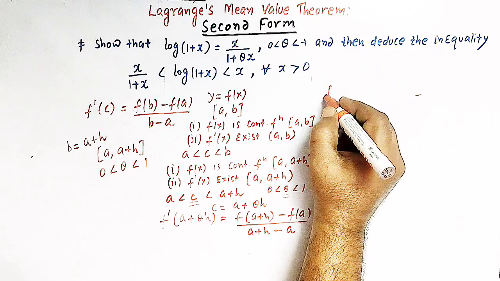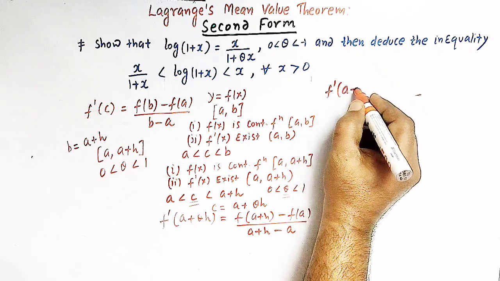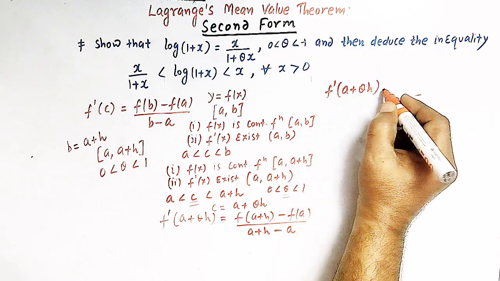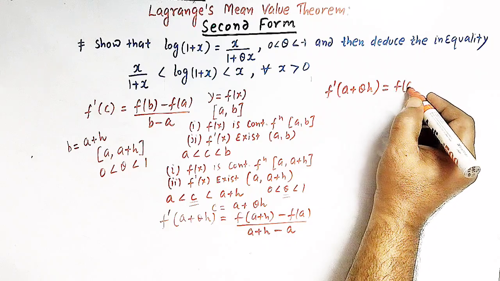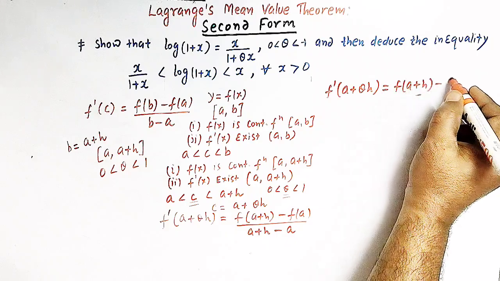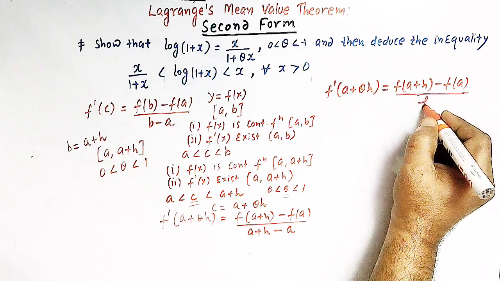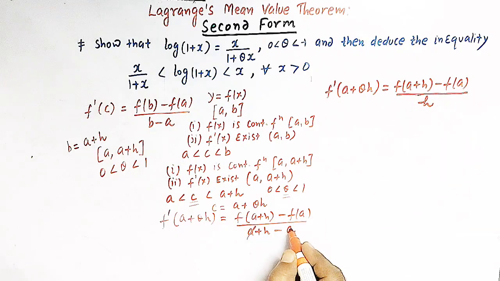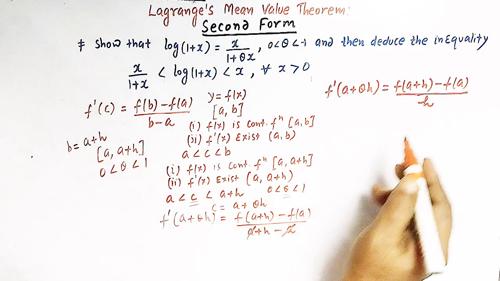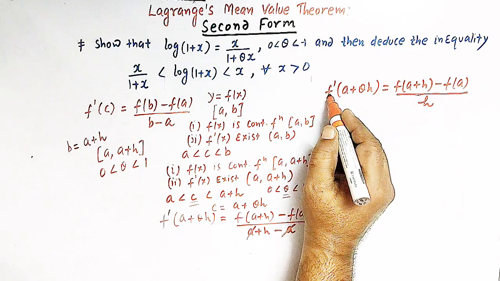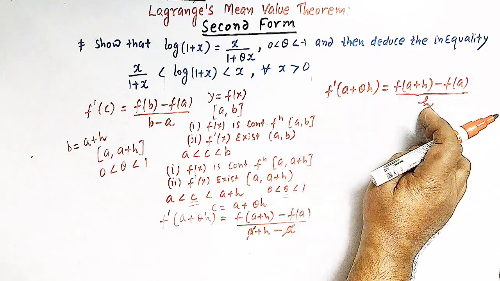So we have f prime of a plus theta h is equal to f of a plus h minus f of a divided by h. So this a and this a get cancelled. So let us multiply this quantity with this h.